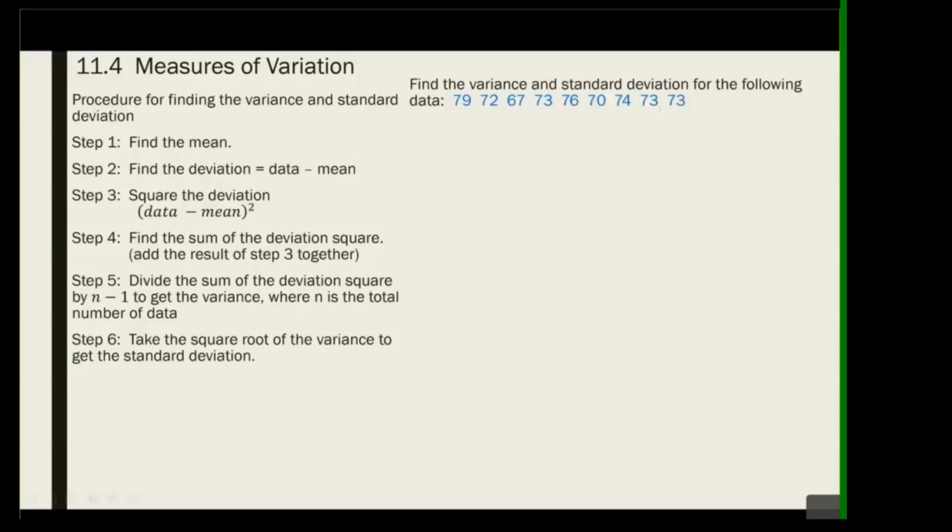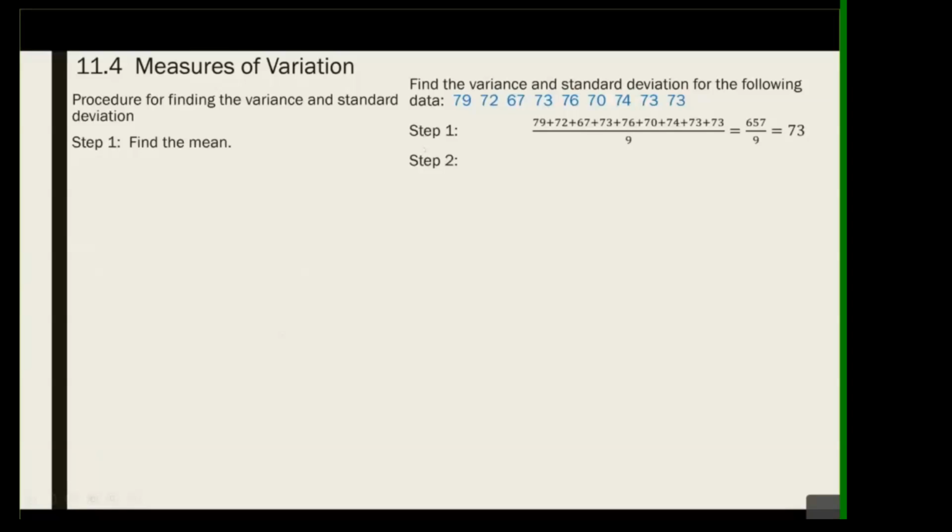So looking at this, what are my first steps? If we have this data, the first step is we need to find the mean. How do we find the mean? We take each of your data, add them up, and divide by the total number of data. As you can see, this is your ideal data.